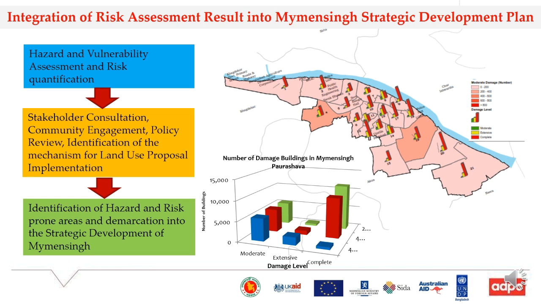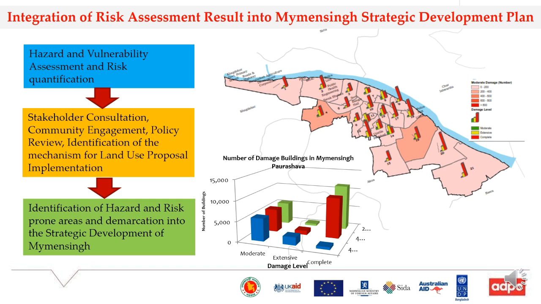One more example of the use of risk information in development planning is the integration of risk assessment results into the strategic development plan. We did one in Mymensingh City based on the risk assessment that we did earlier in CDMP. Hazard and vulnerability assessment and risk quantification have been done.